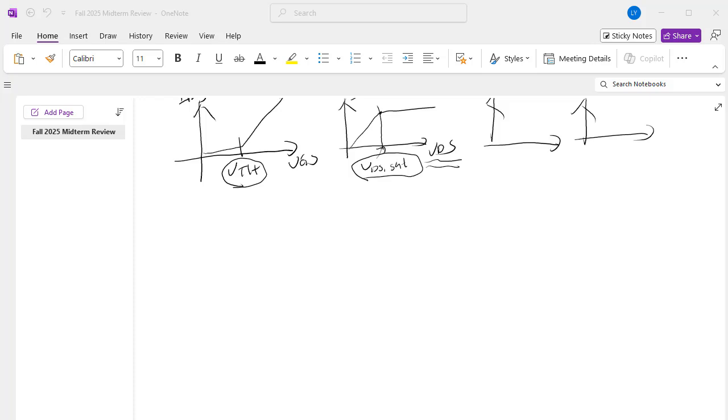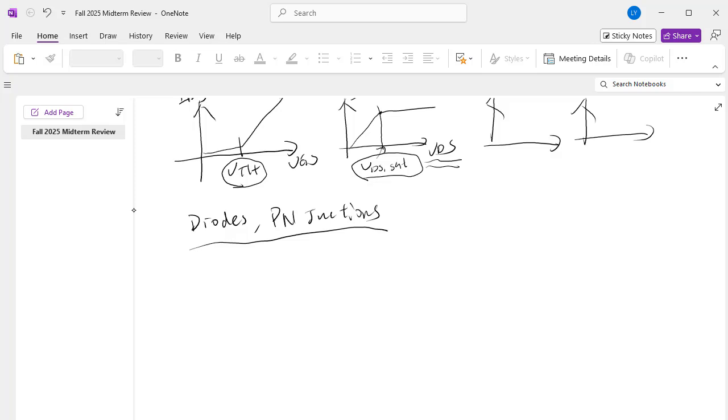And other things we have learned, for example, the diodes, right? Diodes, PN junctions, all these semiconductor fundamentals that you need to know.